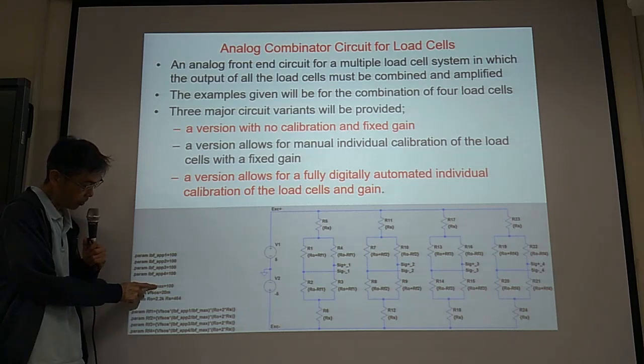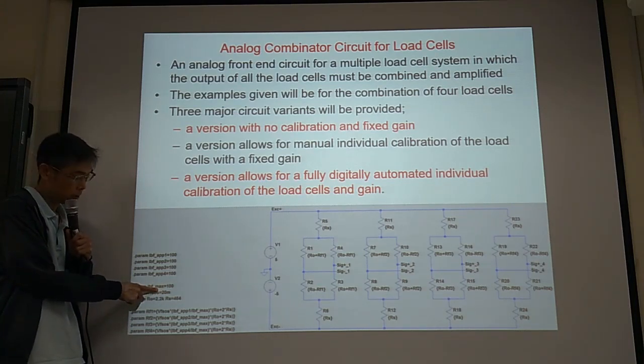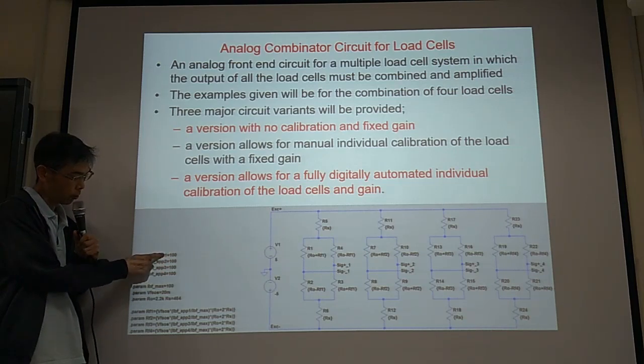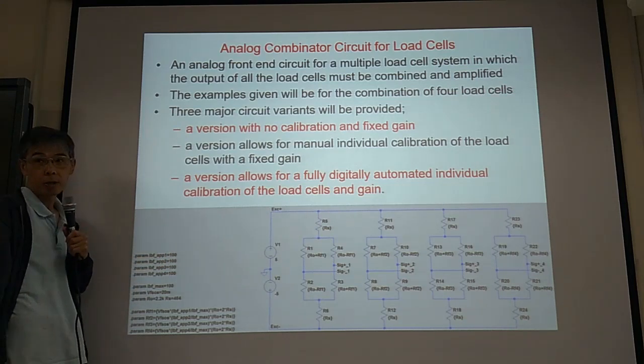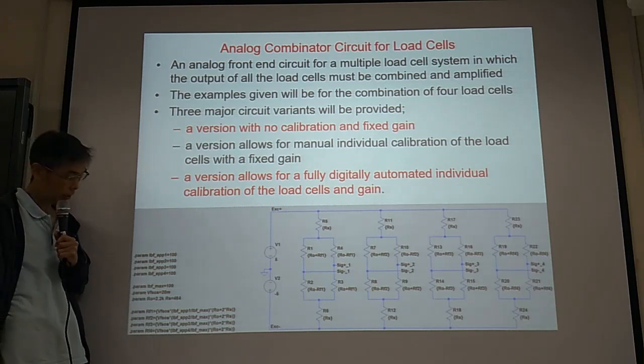Then the maximum is 100, the load capacity for each load cell. So now the 4 load cells, Keystone bridge is at maximum capacity.